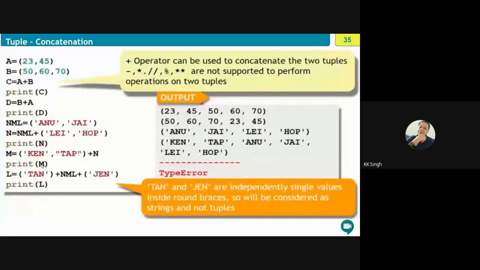But the last example shows some error. And what is the error? This is a type error. Because we are considering 10 as a tuple, and Jen is also being considered as a tuple.